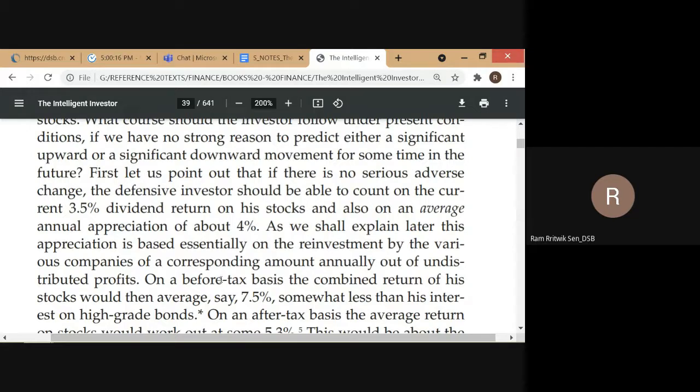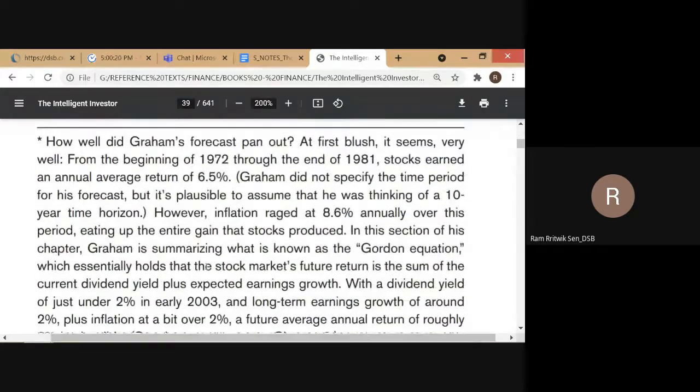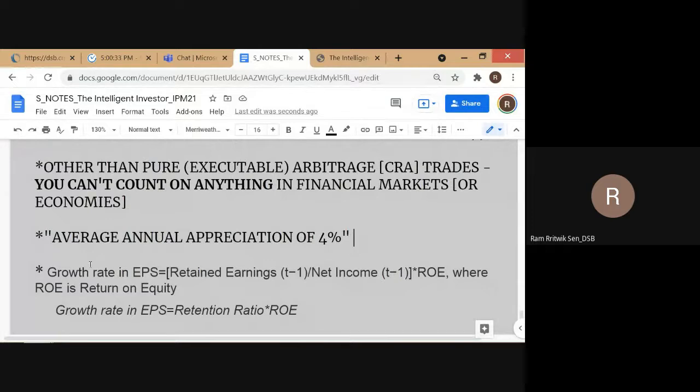Okay, so what he's talking about is, I don't know if there's anything in the footnotes here. Yeah, okay. So what he's talking about essentially is the growth rate.